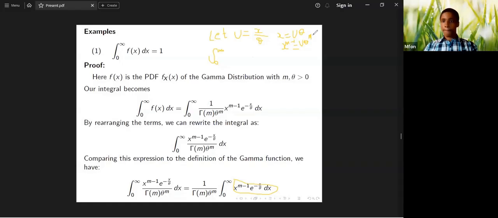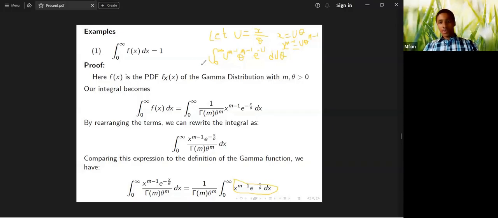So substituting this into the equation, we have u to the m minus 1 and theta to the m minus 1 times e raised to the power negative u. Then the differential dx will change to theta times du.